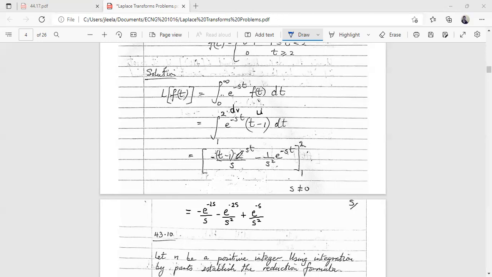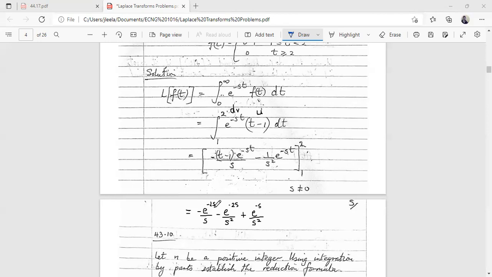And your v du will give you this part here, minus 1 over s squared e to the minus st, and then you're taking the limits between 1 and 2. So if you're putting 2 here, that will be 2 minus 1, which is minus e to the minus 2s over s.